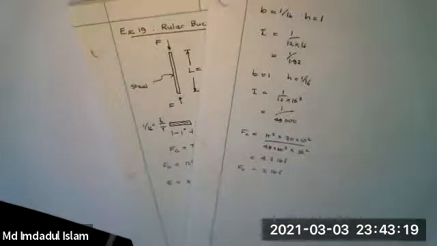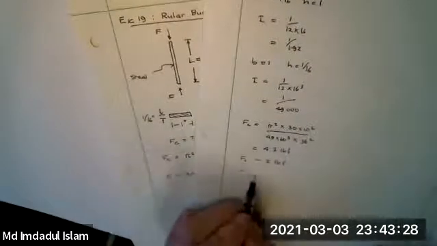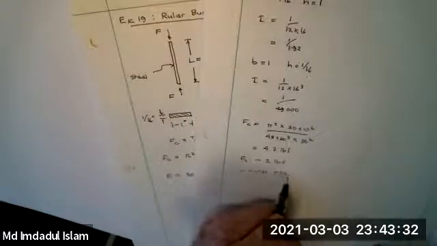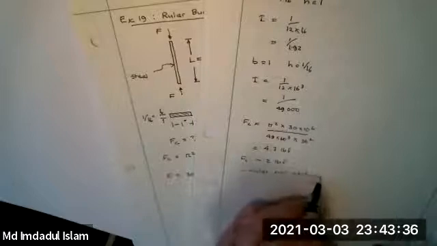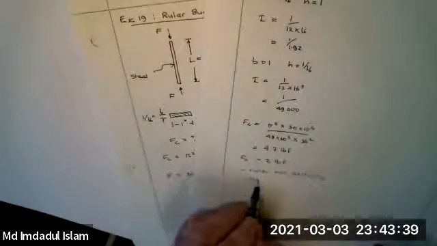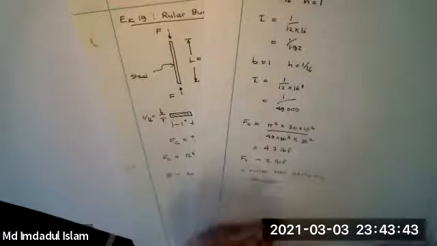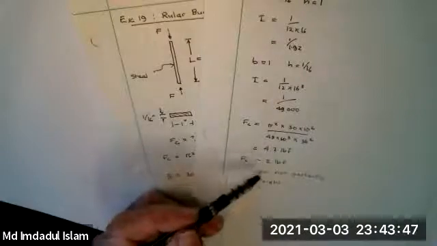Okay? And so the low value here is because it turns out, so this was a factor of 2.